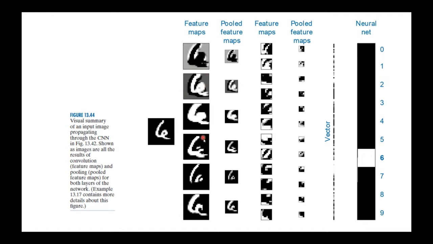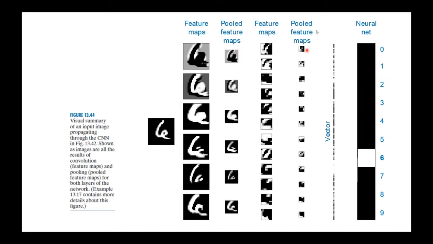This one learned some sort of blob feature, or that this part here is more blobby than the other parts. This feature map kind of represents this wiggle here, and this feature map is these kind of loops. And this is just the pooled feature maps, just a smaller dimension of the feature maps.